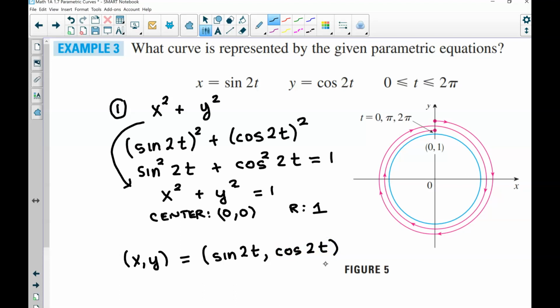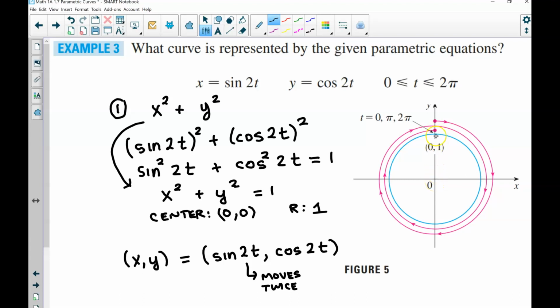Okay, and we know that it starts at 0, 1, but because of this 2, it moves twice around the circle in a clockwise direction. So here you're starting at 0, correct?